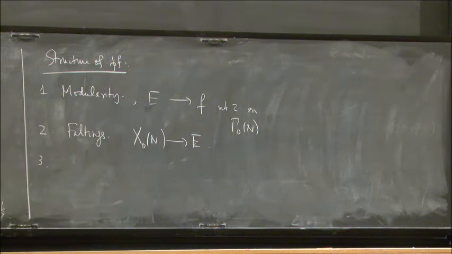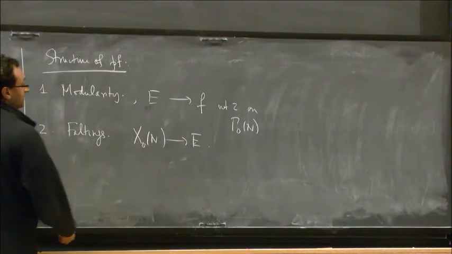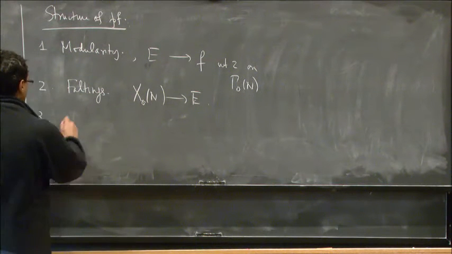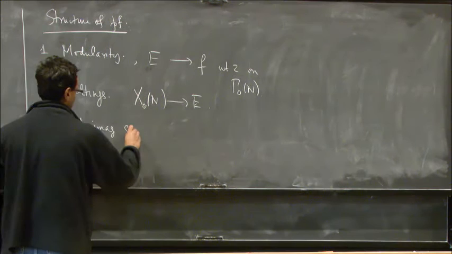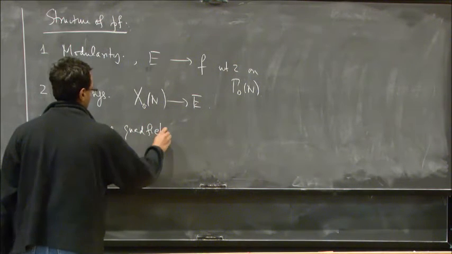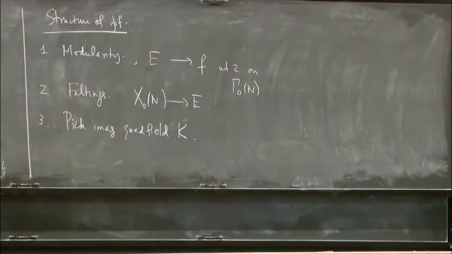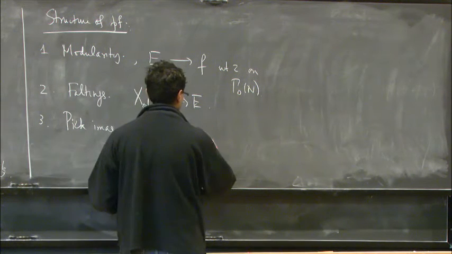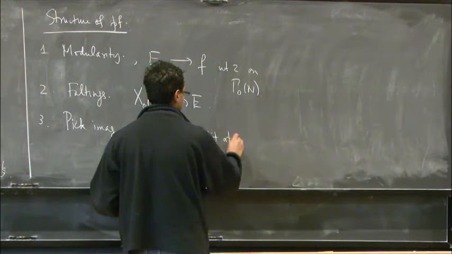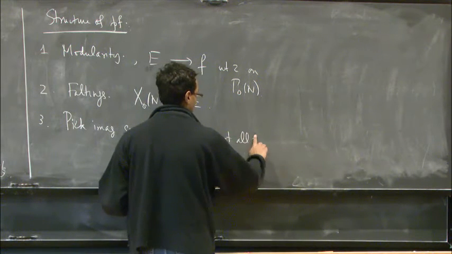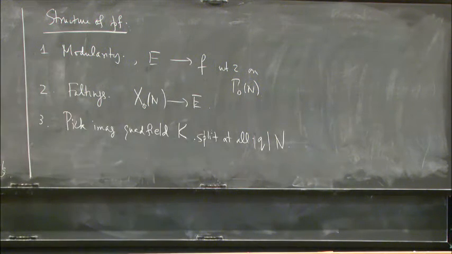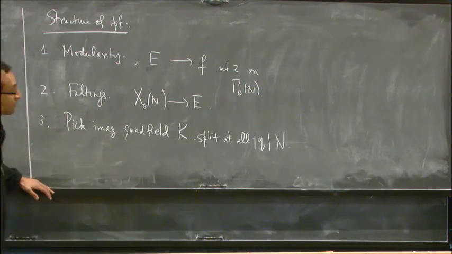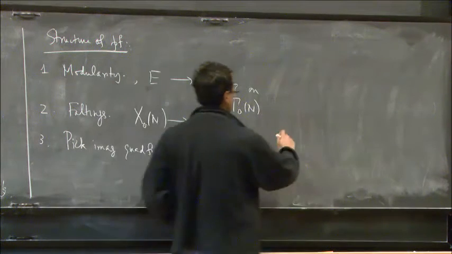Okay. The third step, and this is what Gross and Zagier do, is you pick an imaginary quadratic field, a suitable imaginary quadratic field K. Okay. And what Gross and Zagier do is they pick K such that it is split at all primes dividing N. Now, this condition that K be split at all primes dividing N has two consequences.